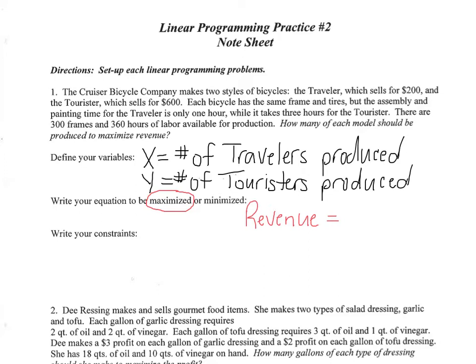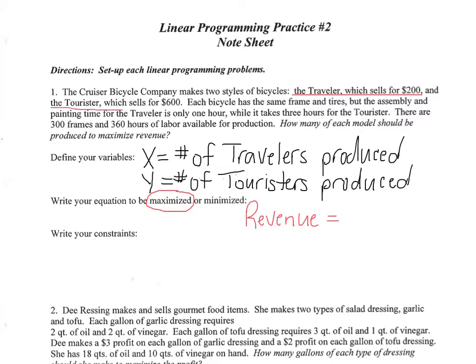Revenue is different from profit in that revenue is the money that you're bringing in. Profit is the money you make after you pay for all your expenses. But revenue and profit both deal with money. So I'm going to look for money in the problem. And I notice that the Traveler sells for $200, which means you'll bring in $200 every time you sell one.